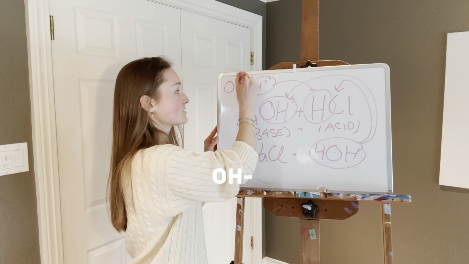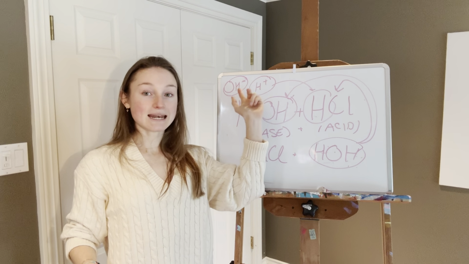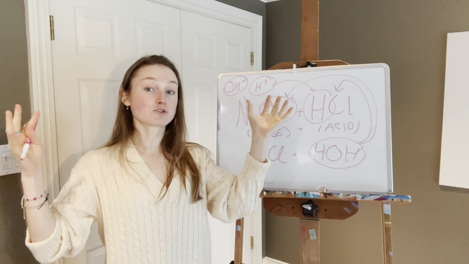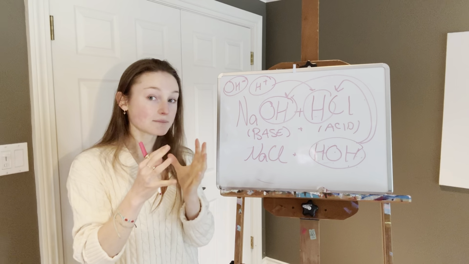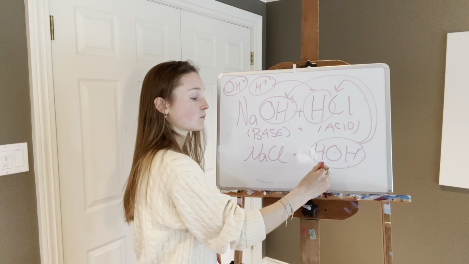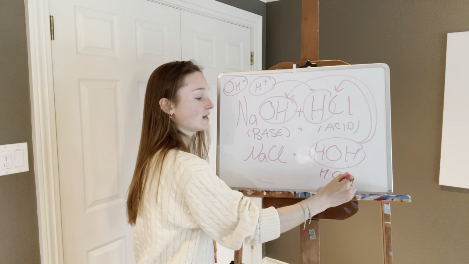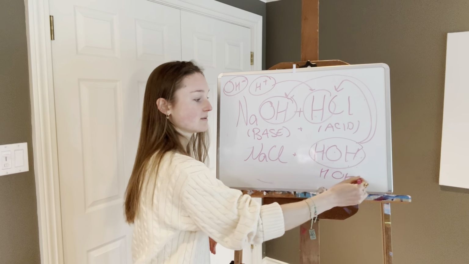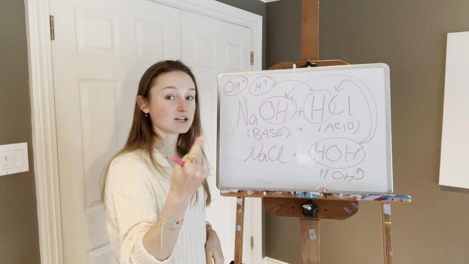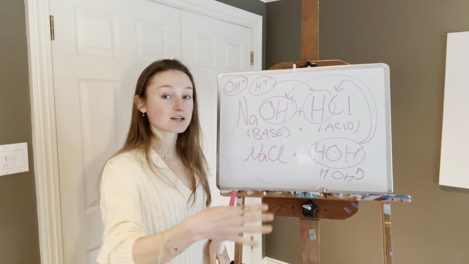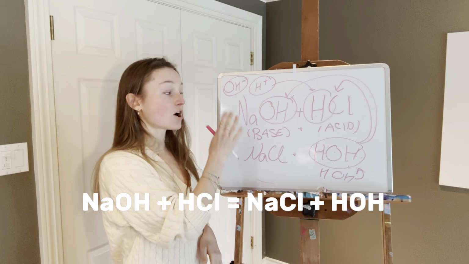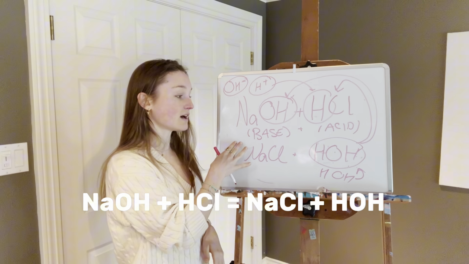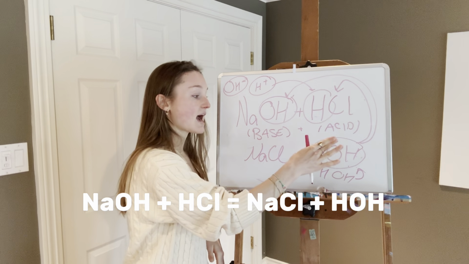Positive charge, negative charge, they are attracted to each other, so they come together, and when they come together, we have an H and an OH, which literally makes HOH, H2O, 2 hydrogens, 1 oxygen, that's water. Here is our neutralization reaction, and we have just made sodium chloride and water.